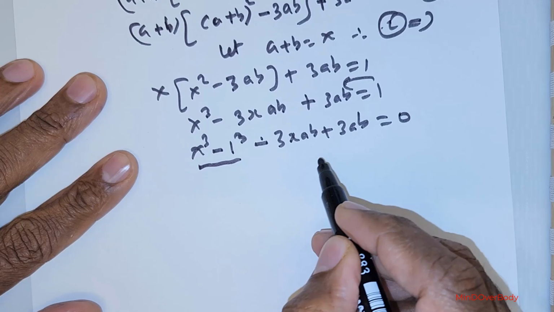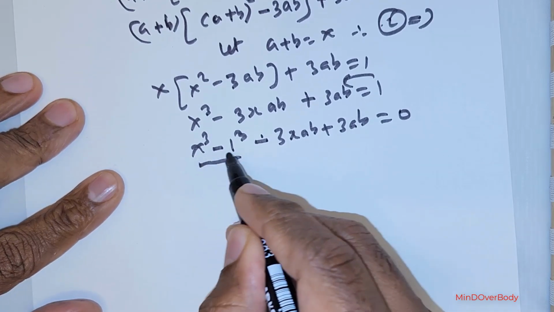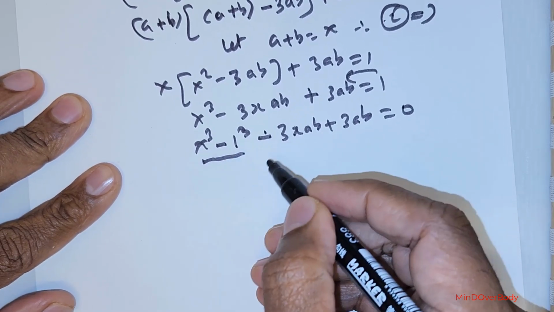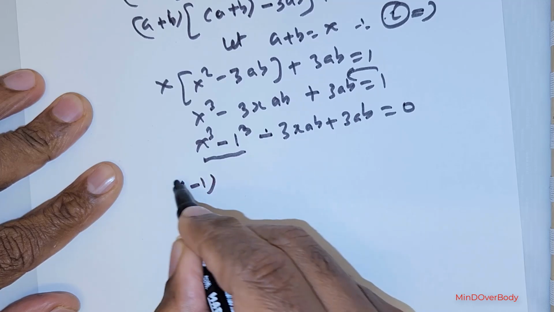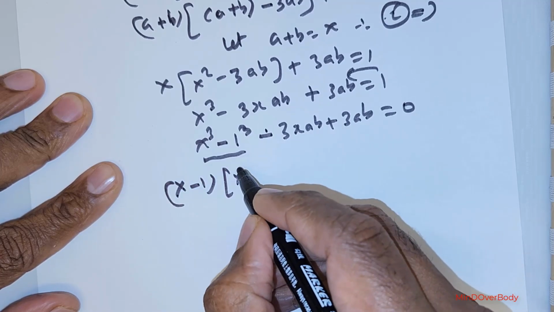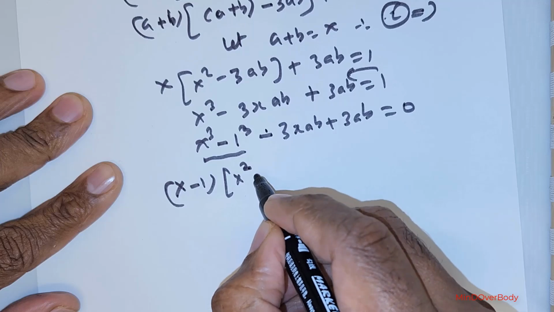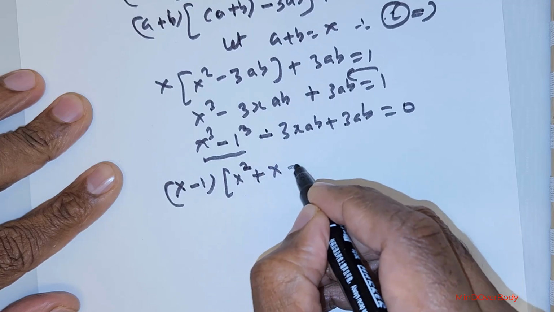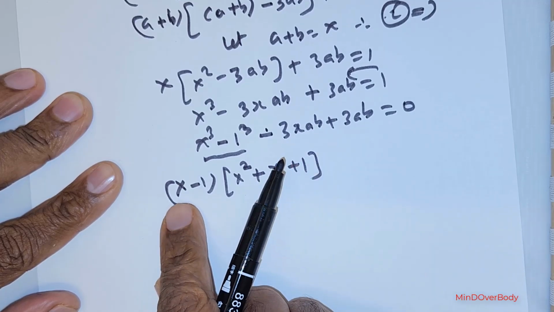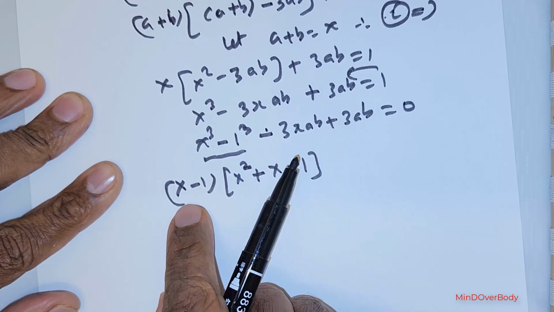Now these two can be clubbed. x cubed minus 1 cubed is like a cubed minus b cubed, which is going to be x minus 1, followed by x squared plus x plus 1. If you expand this, you will get this.